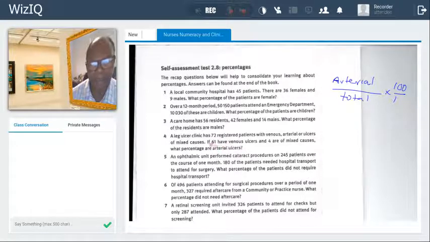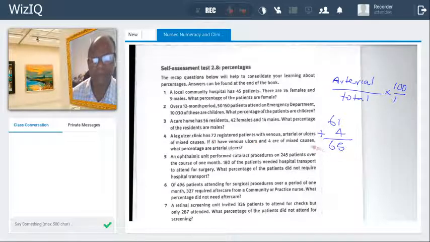But the problem we have here is we need to add. So 61 plus 4 will give us 65. And this is 65, 4 are of mixed, 61 are venous.